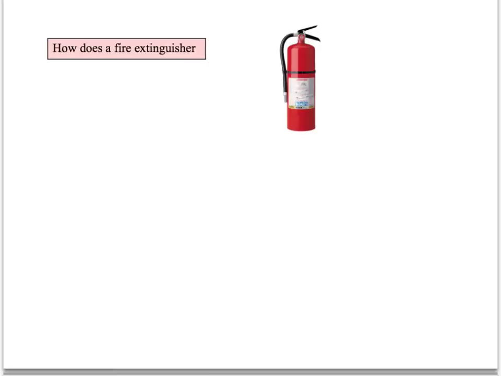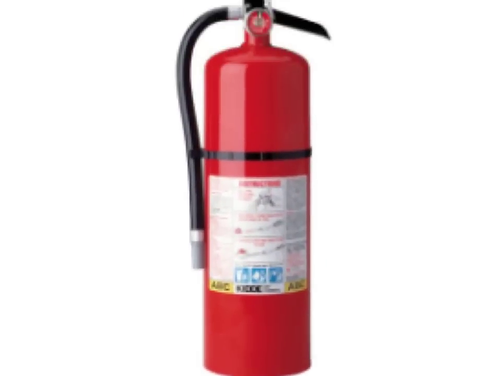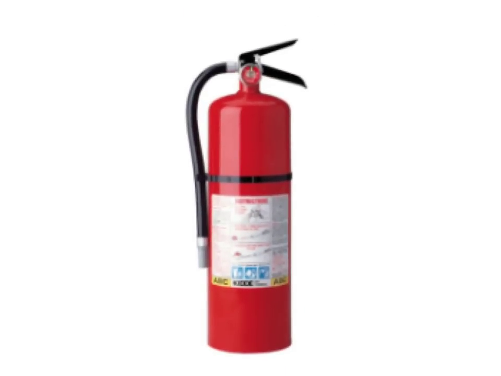A fire extinguisher is almost exactly the same thing. The way a fire extinguisher works, something like this, I'll just try to use this actually. They put gases in here under very high pressure, so a high concentration of gas like carbon dioxide or something.